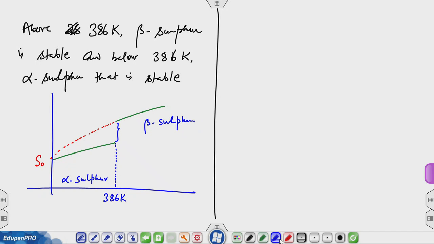And there is a phase transition at 386 K. This is the first order phase transition, and therefore there is a latent heat involved.